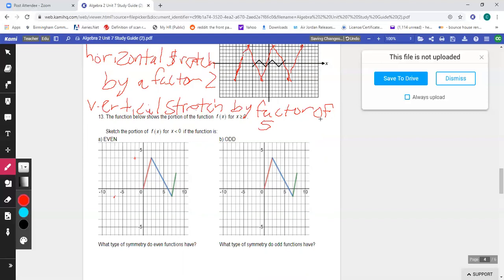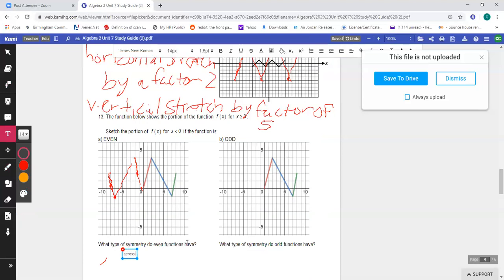And then at -8, I'm also at the same y value as the right side. Okay, it should look better on your paper. But even functions, remember, the symmetry they have is they're symmetric across the y-axis.